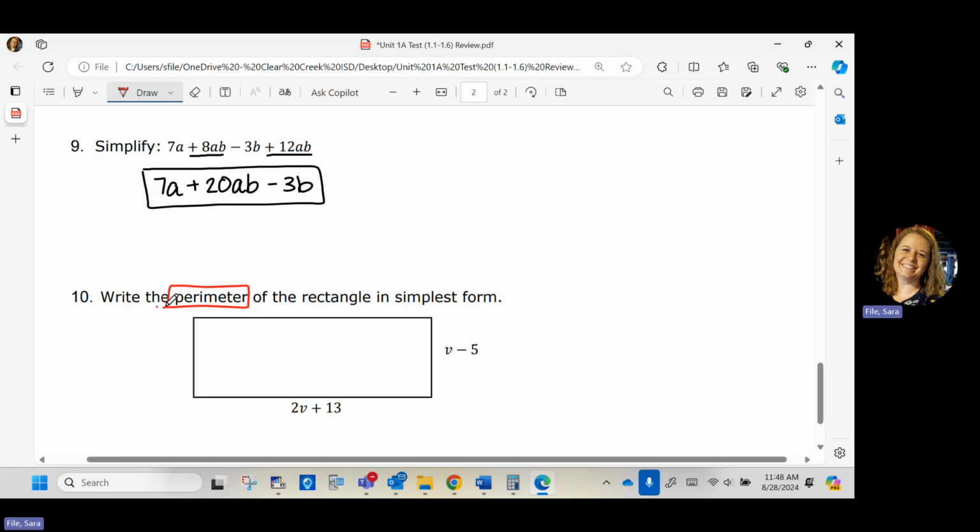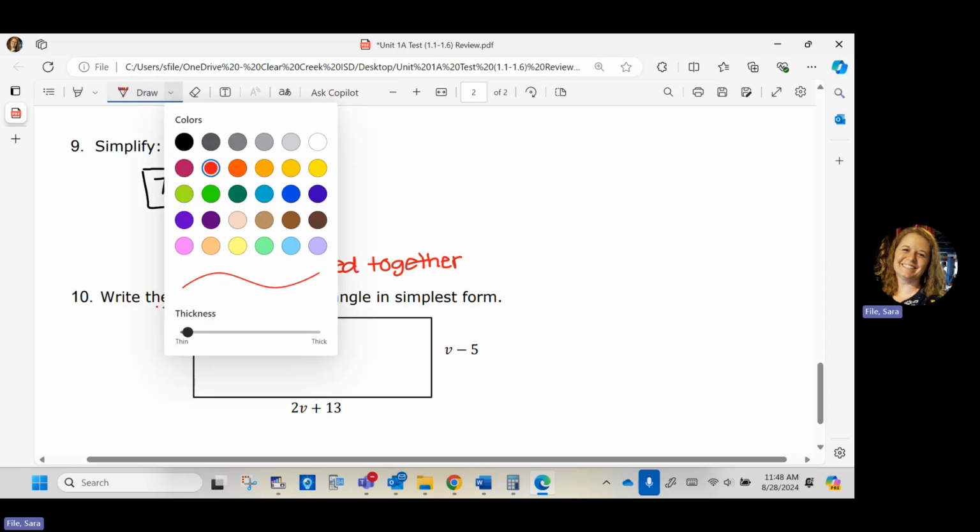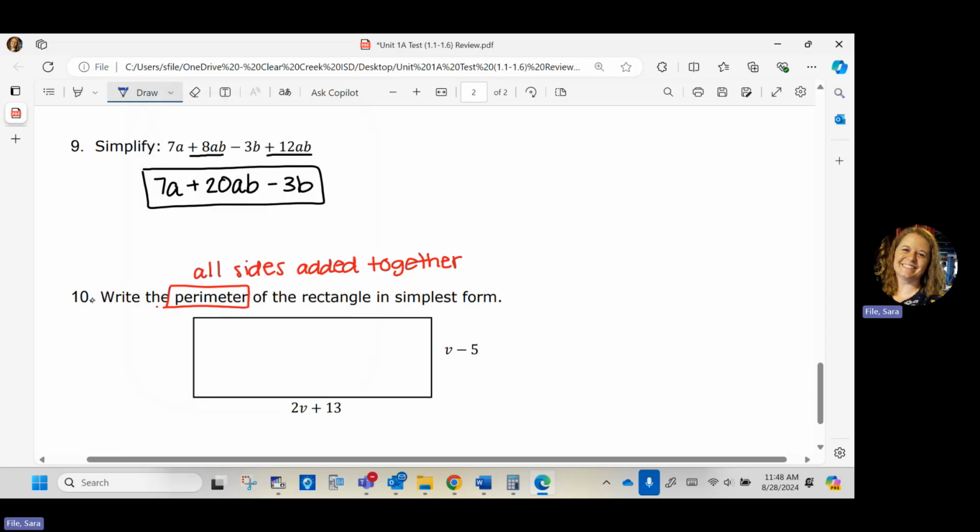So we're going to take all 4 sides added together. Okay, now they tell us that it's a rectangle because they don't have all 4 sides labeled. But if it's a rectangle, what do you know about the opposite sides?